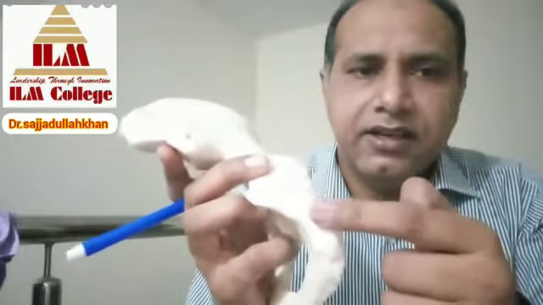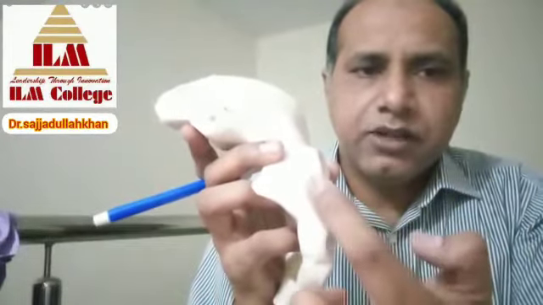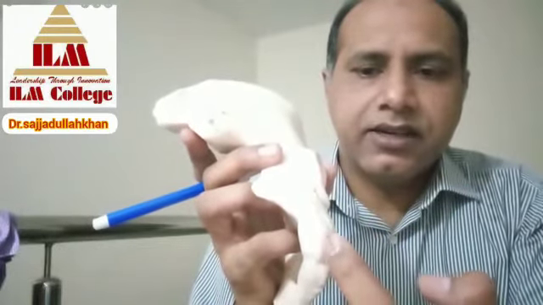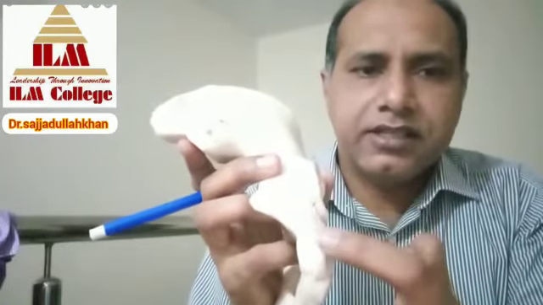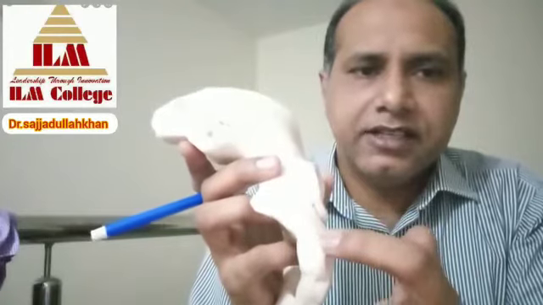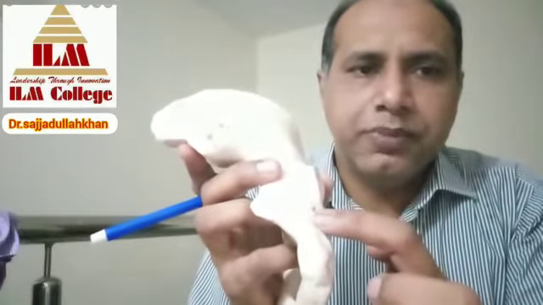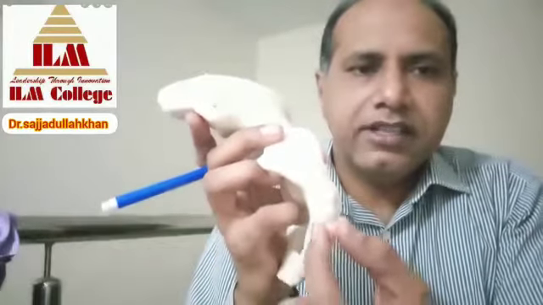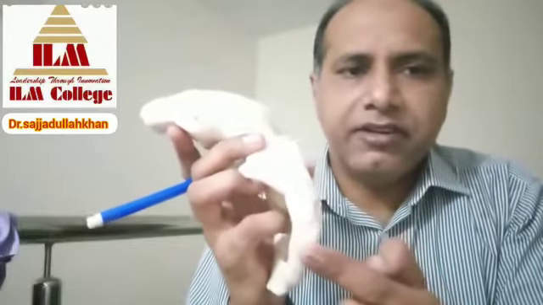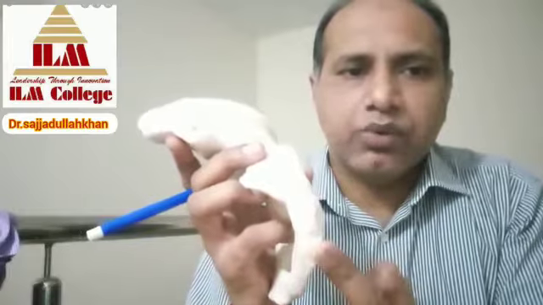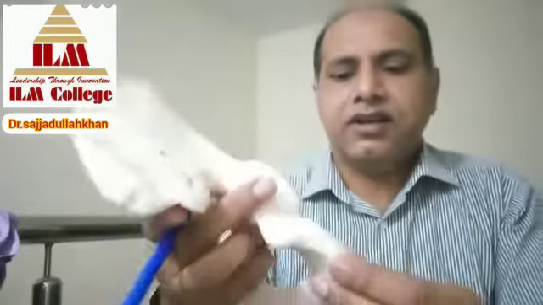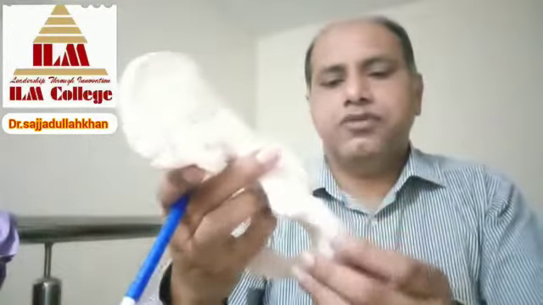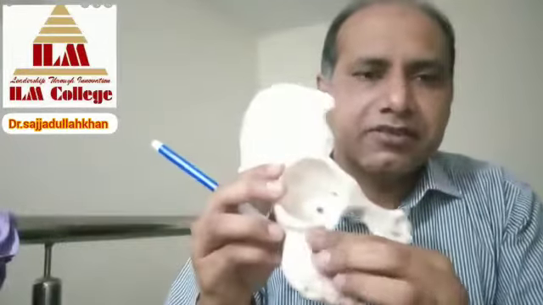This upper area is also divided by an oblique ridge into a superomedial and an inferolateral part. The lower area is divided by a ridge into an inner and an outer surface. Clear? This was the dorsal surface, and this one is the pelvic surface.